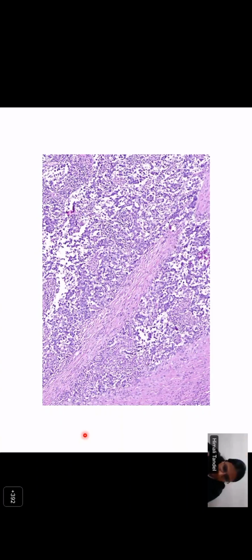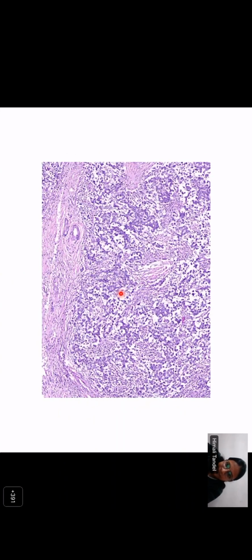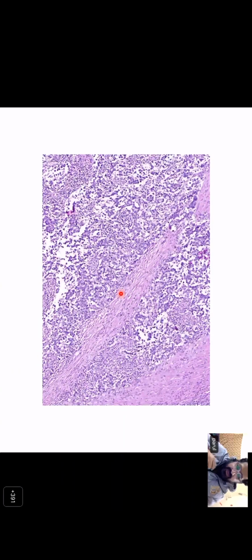The tumor cells look aggressive, and the fibrous septa are infiltrated with lymphocytes. Most importantly, the tumor cells have clear cytoplasm. Very good. I think even at this power, you can make out the prominent nucleoli.